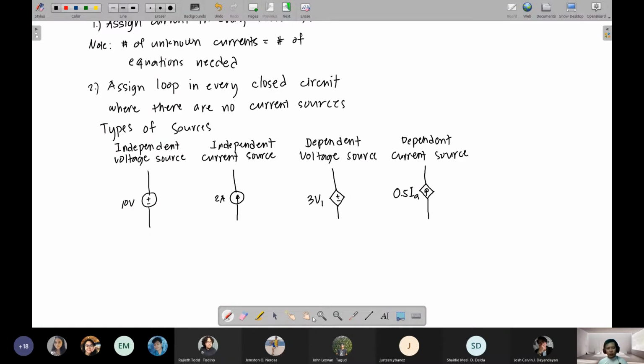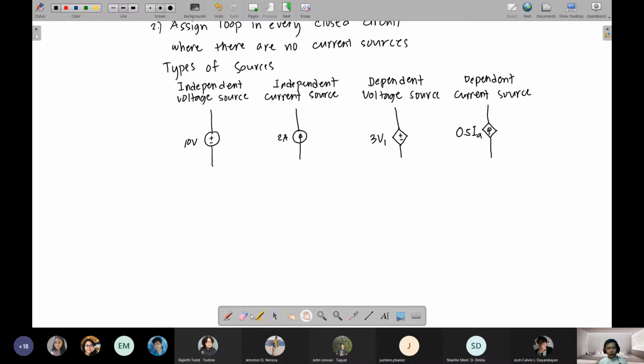Okay? But there are also different types of dependent sources. The types of dependent source.